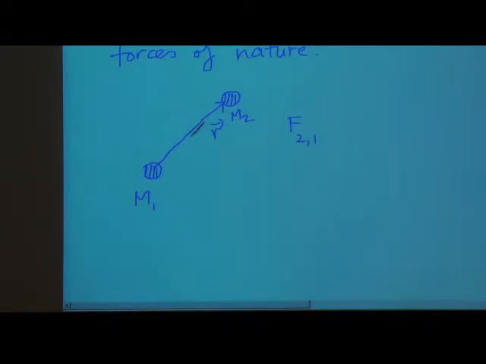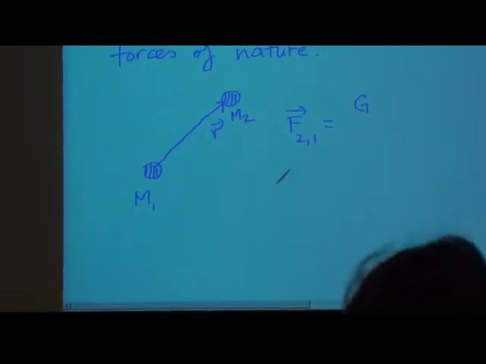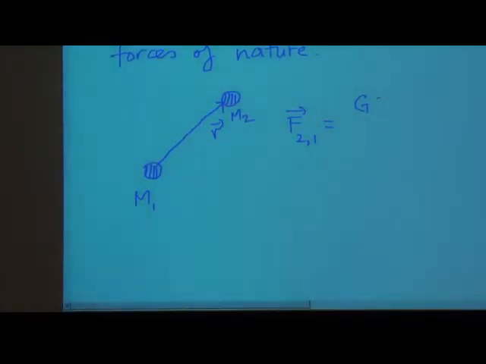It pulls, it attracts. And it's related to a constant, which we will see in a minute. The 2 masses, M1 and M2, divided by distance squared, distance between the 2 objects, in the direction of minus r, towards it.